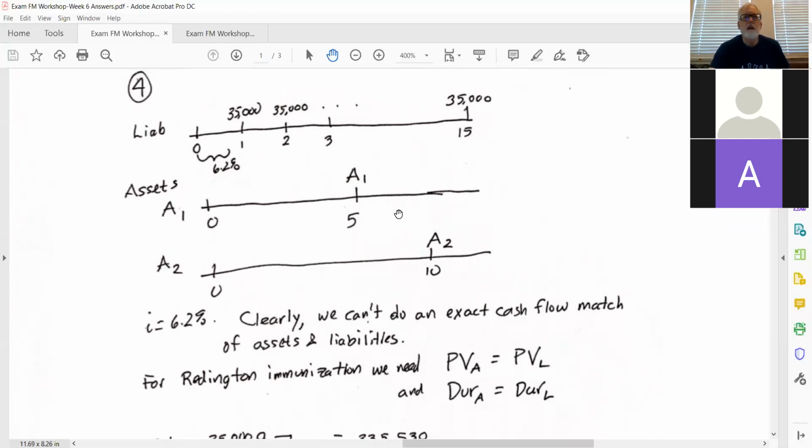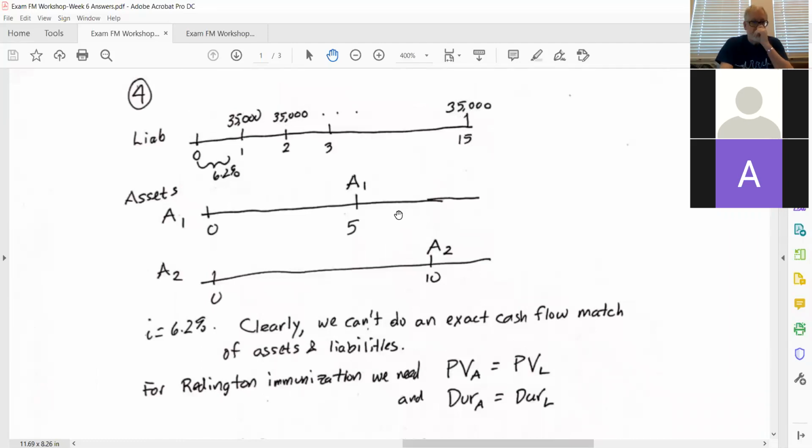Okay, number 4, the liabilities. It's a $35,000 15-year annuity. And the company has only 2 types of assets. One is a 5-year zero coupon bond, and one is a 10-year zero coupon bond.